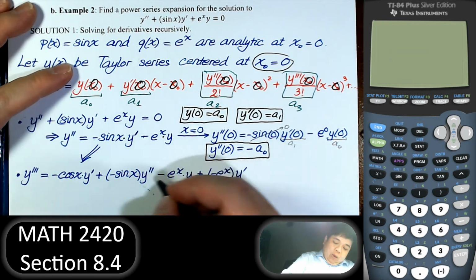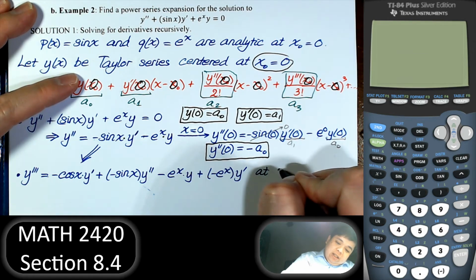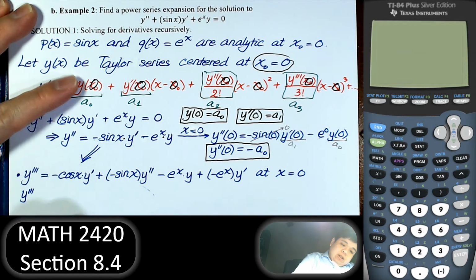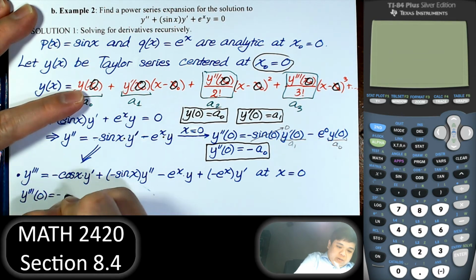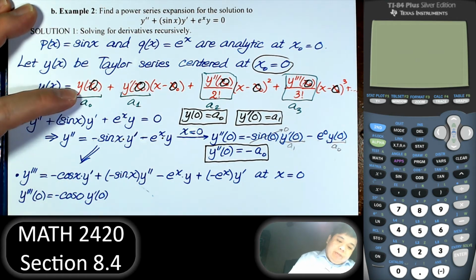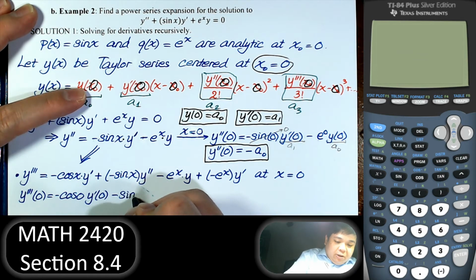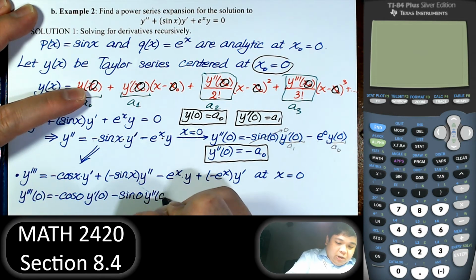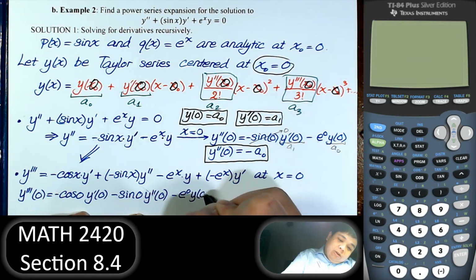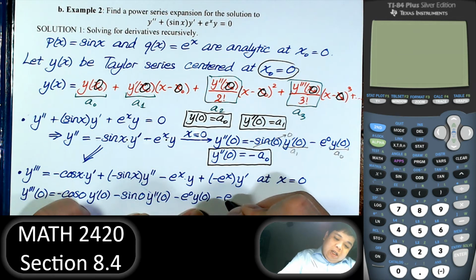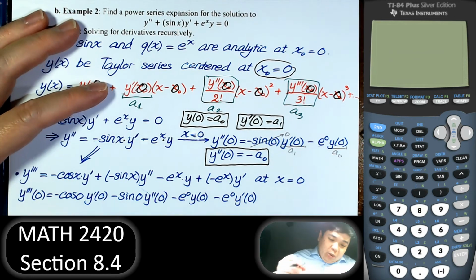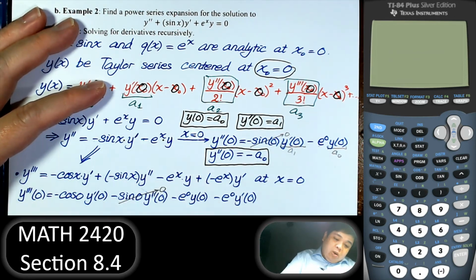Now, we write this at x equal to 0. So we have y triple prime at 0 equal to negative cosine of 0 times y prime of 0, minus sine of 0 times y double prime at 0, minus e to the 0 times y of 0, minus y prime at 0. Let's simplify this. Sine of 0 is equal to 0, so that one goes to 0.